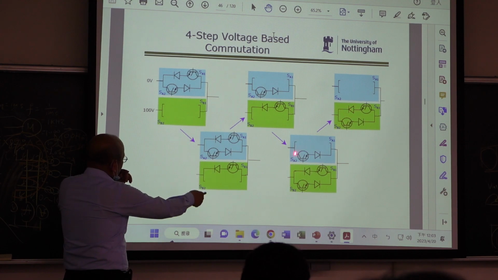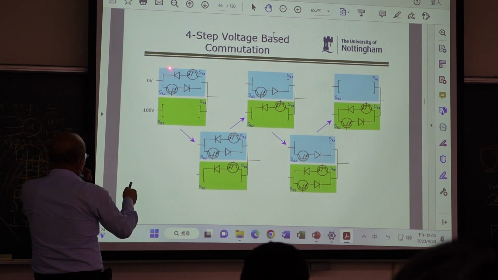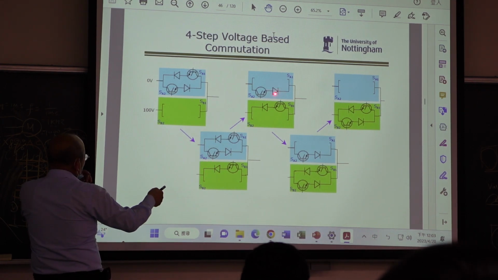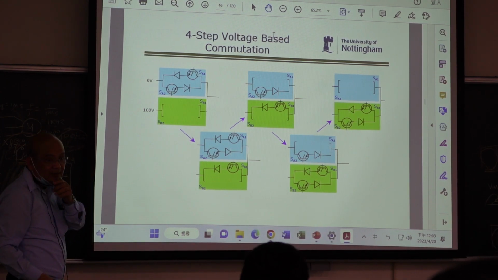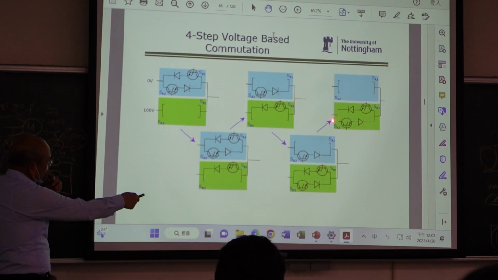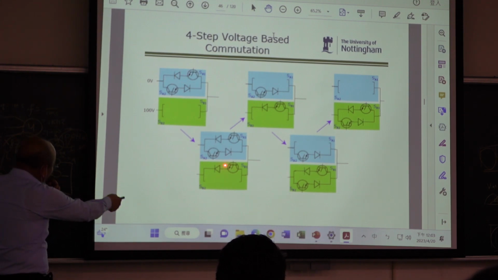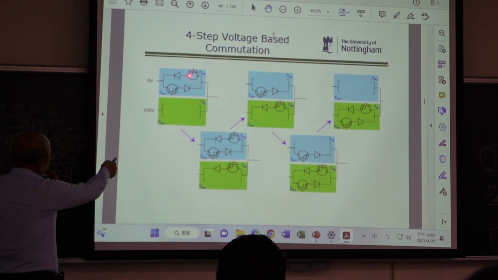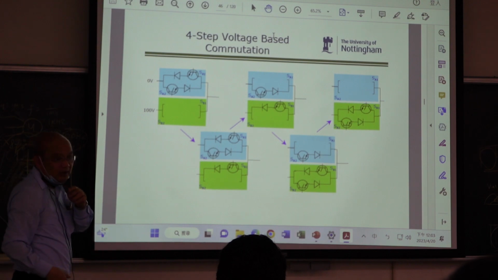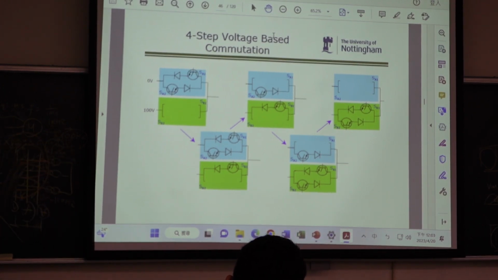And after that, we turn off this one and make this one turn off. So we have 1, 2, 3, 4. How many steps? 4 steps. Originally this one is on, finally this one is on, right? Change from this one to this one in 4 steps. So we call this 4-step commutation.